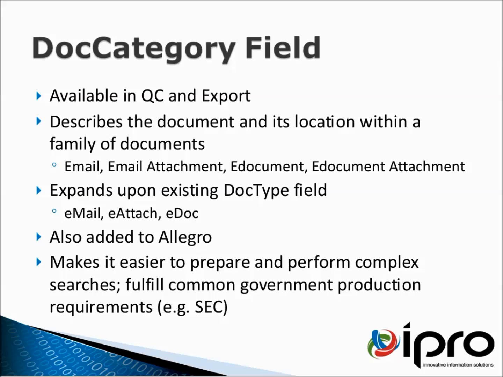Well, the doc category field enhances that. It identifies email objects, email attachments, eDocs, and eDoc attachments to further clarify, define those objects for searching and querying and more. A great example would be an email that has an email attachment.